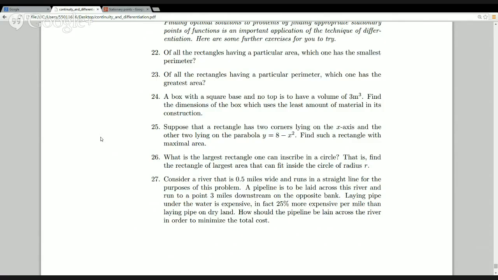The river is half a mile wide, and B is 3 miles downstream from A. So you want your pipeline to run from A to B.